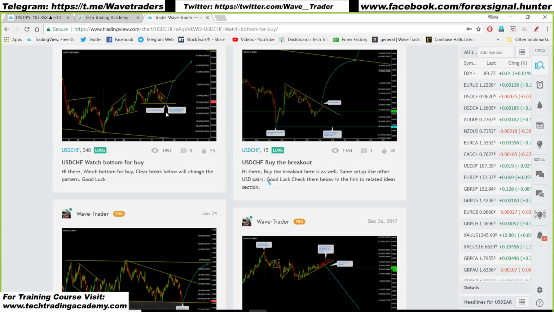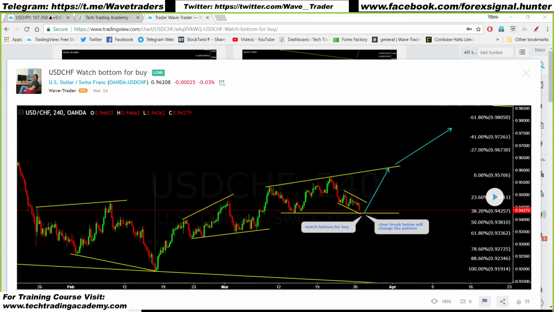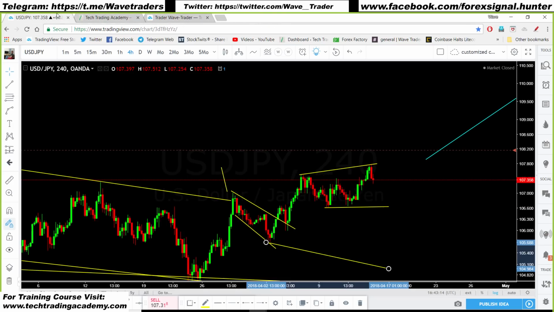This pattern, you see that? That wave should be there before you start to buy from that bottom for that trade. So this pattern you need to search for next week. I will show you what you need to look for.